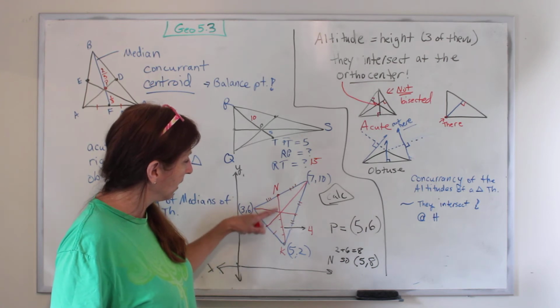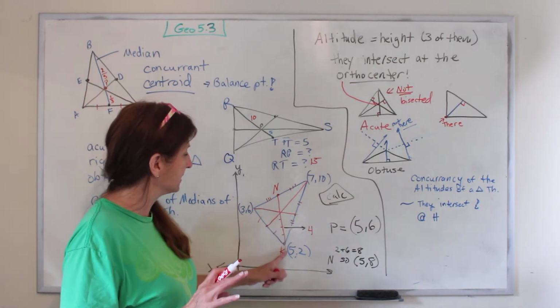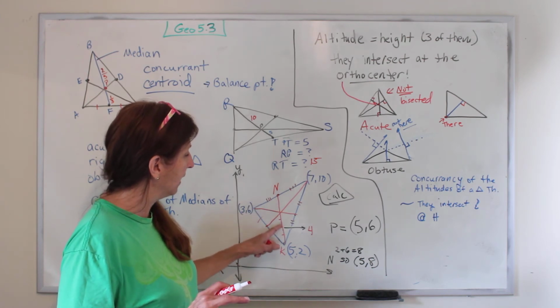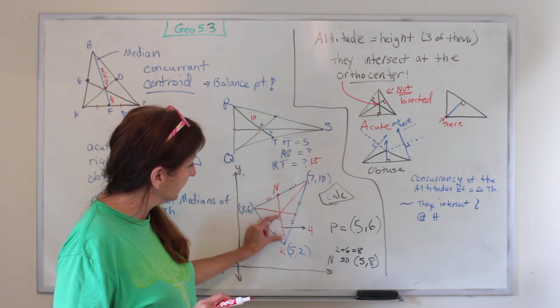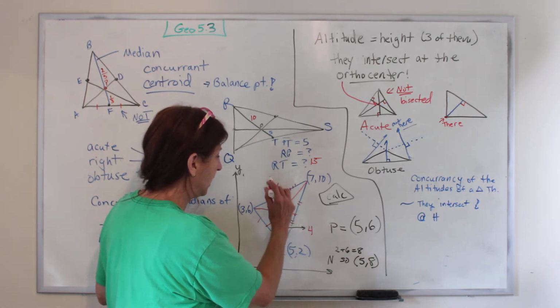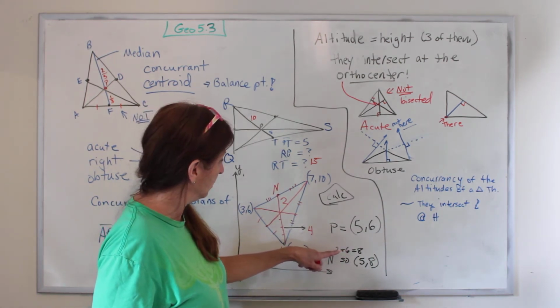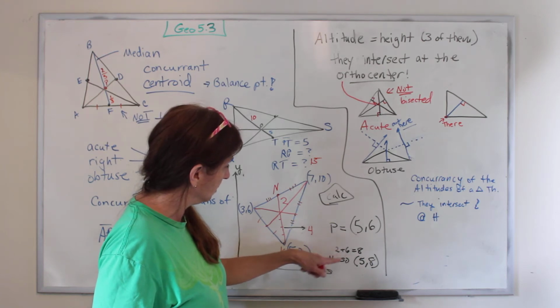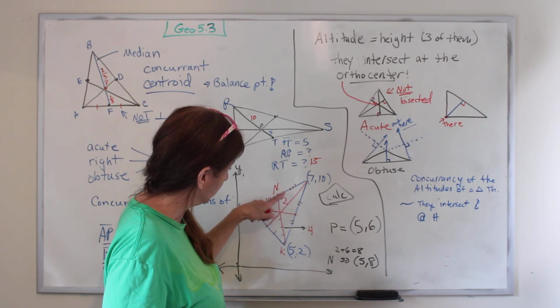By looking at the graph, if you look at it in your book, this line is straight up, and we can count the little squares and see this is 4. And we can see that this is twice as big as that. So if this is 4, this is 2, and this whole line is 6.